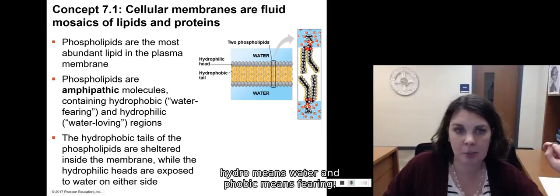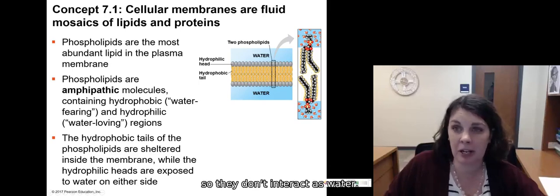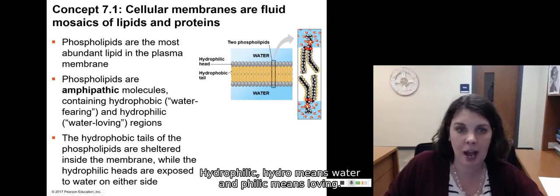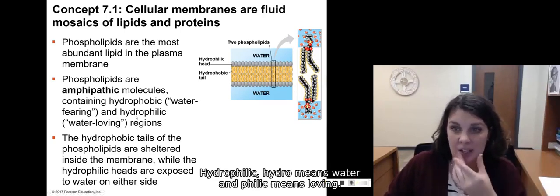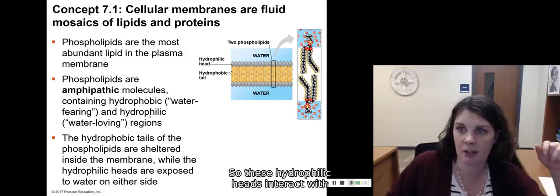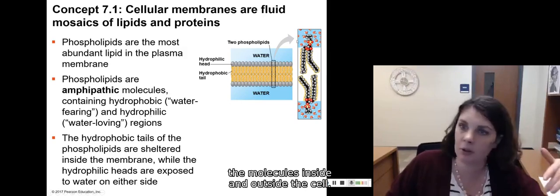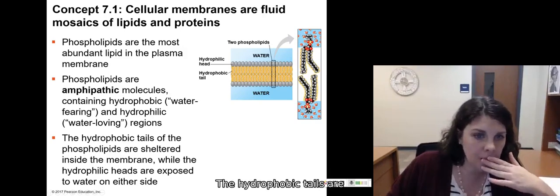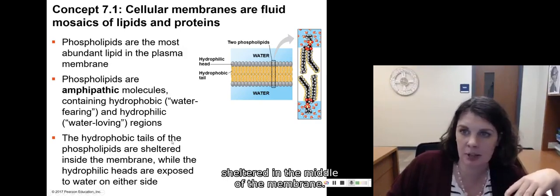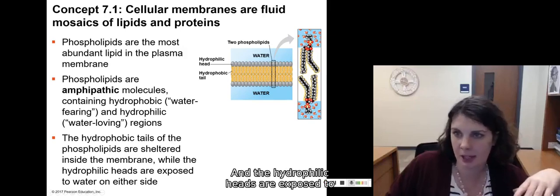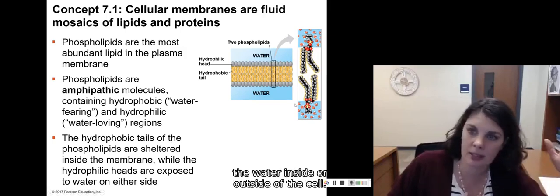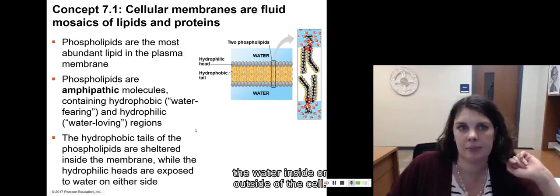So the hydrophobic regions, hydro means water and phobic means fearing, so they don't interact with water. That's these tails. Hydrophilic, hydro means water and philic means loving, so these hydrophilic heads interact with the molecules inside and outside of the cell. So the hydrophobic tails are sheltered in the middle of the membrane, and the hydrophilic heads are exposed to the water inside or outside of the cell.